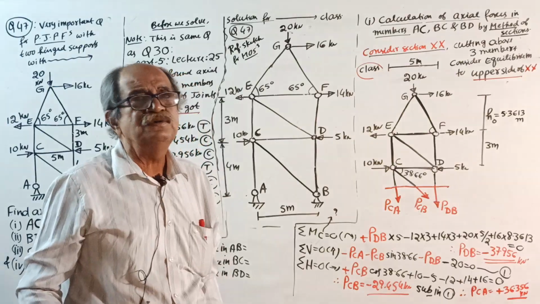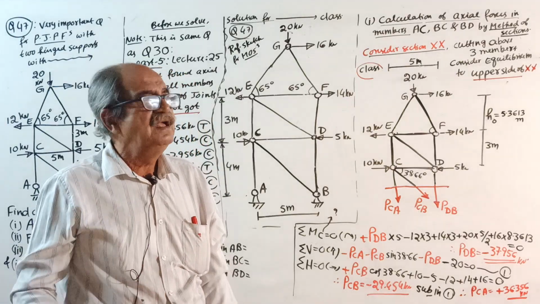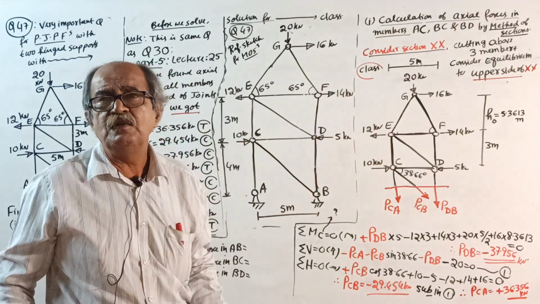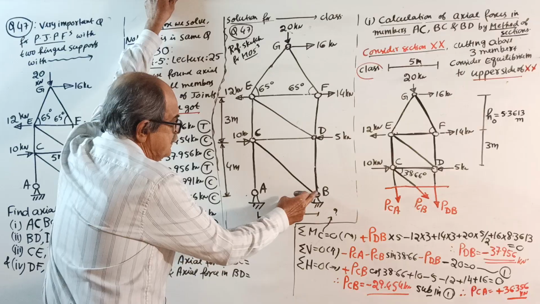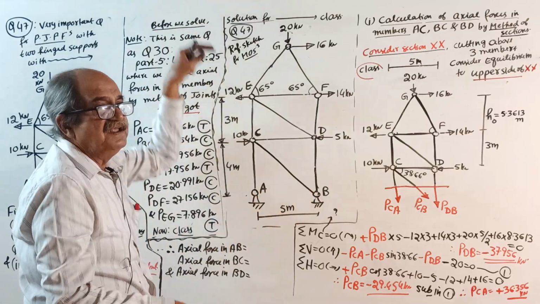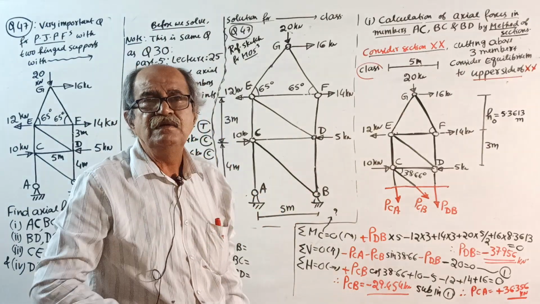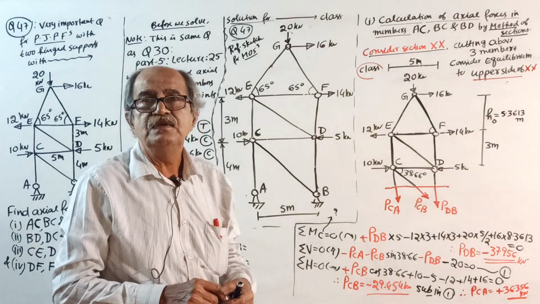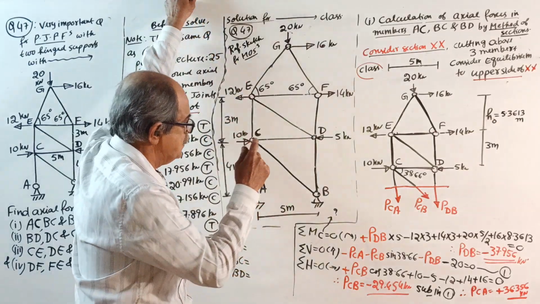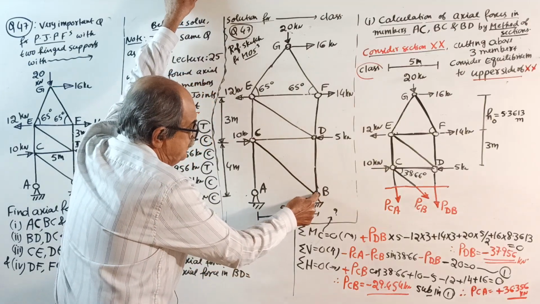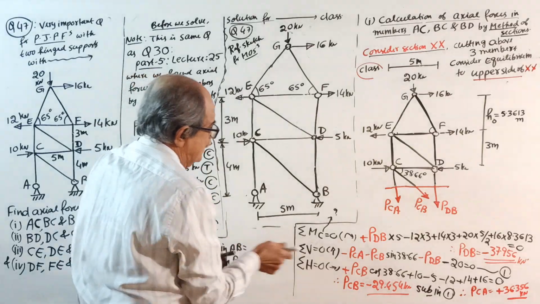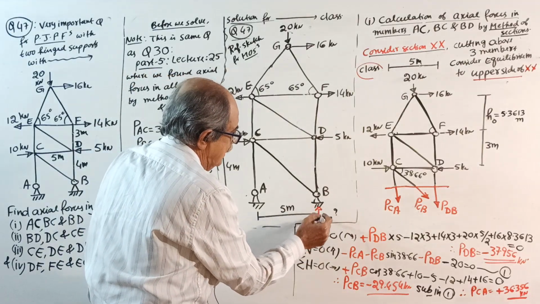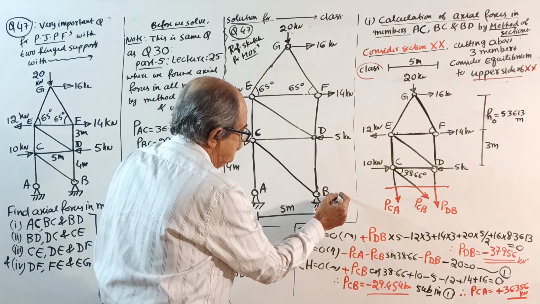But just now, sir, 4 unknowns, 3 equations. That is for you, not for me. For me, even if 2 hinges are there, it is statically determinate. Because I told, this hinge has 2 members, therefore this hinge has a reaction: one vertical reaction, one horizontal reaction.